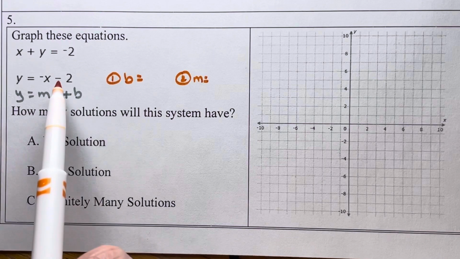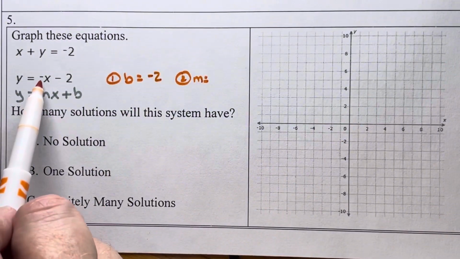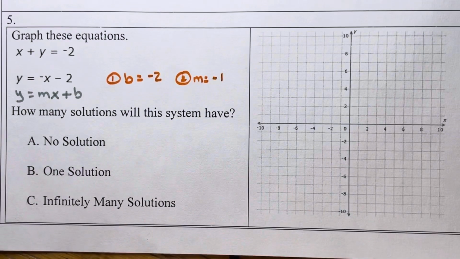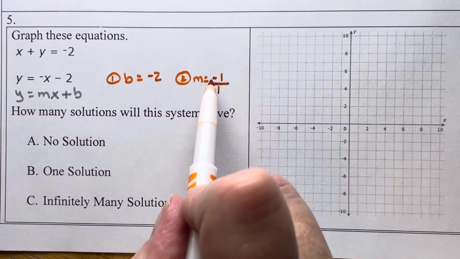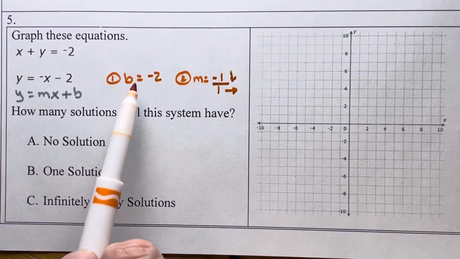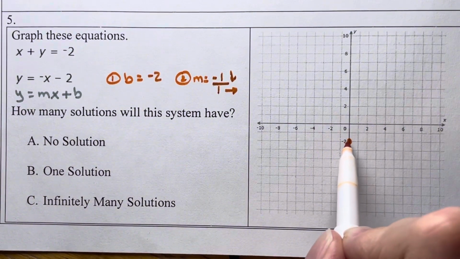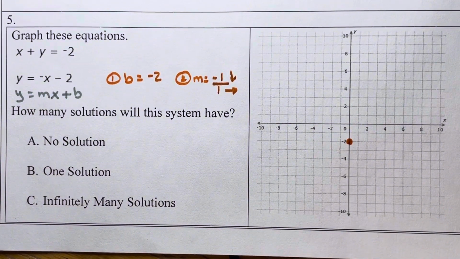All right, your y-intercept, that is -2, and your slope is -1. We know that we need a fraction for your slope, so let's put a 1 underneath of it. And as a result, since your slope is negative, we know we're going to travel down and to the right. So let's put our y-intercept of -2 there on the y-axis.